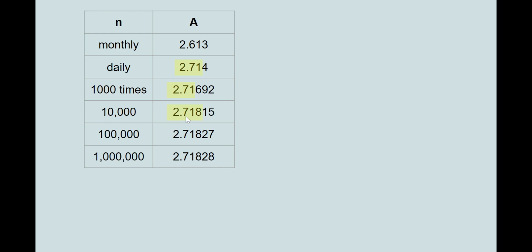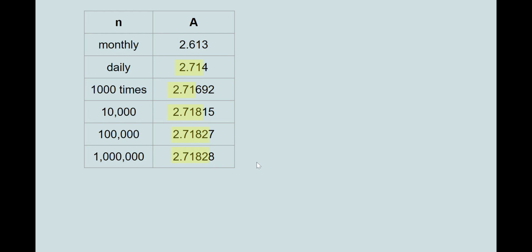And then at 10,000 times a year, you're still making basically the same amount of money. That 2.71 is holding steady. And now look, the 8 is going to hold steady in that position, and then the 2 is going to hold steady. If I continue to do it, this number just isn't going to change, right? This was 1,000,000 times, and you're still only going to make $2.72, right? All of the change in the number is happening way back in the decimal.